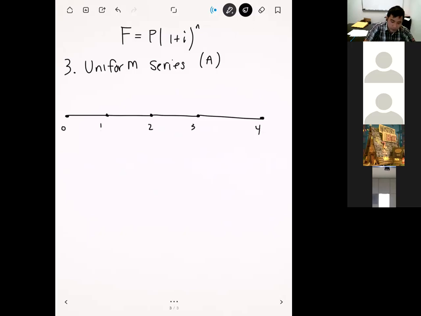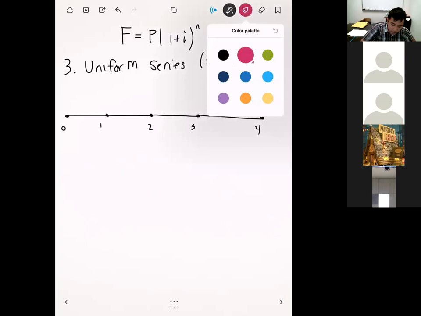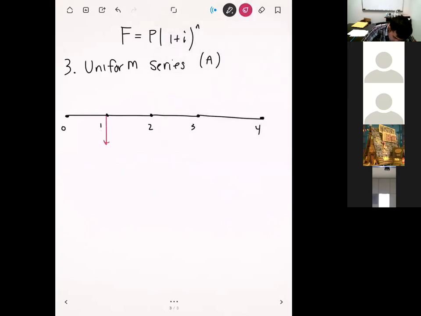Let me show you a uniform cost. In this particular instance, we have a uniform cost, or uniform series, that takes place over 4 years.